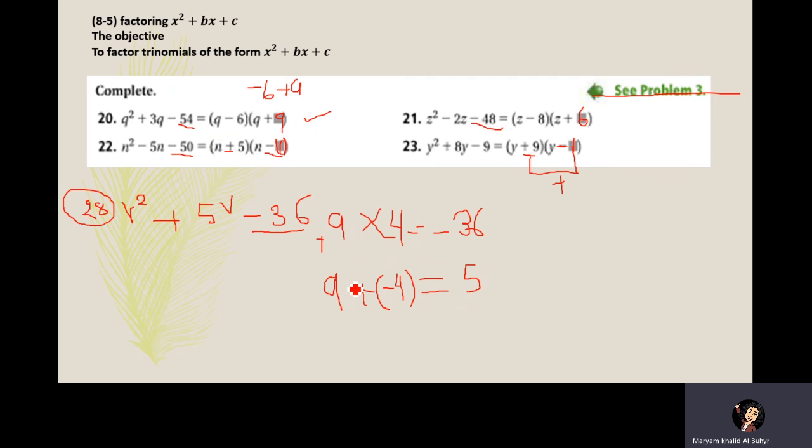Why am I saying that? Because if I have different signs in addition, I'm subtracting and taking the larger. So yes, I found these two numbers: v minus 4, v plus 9.